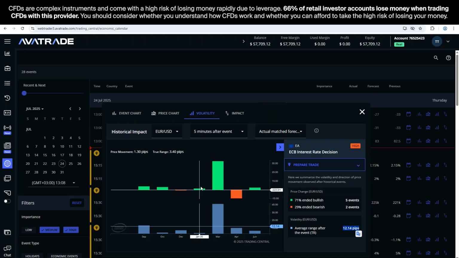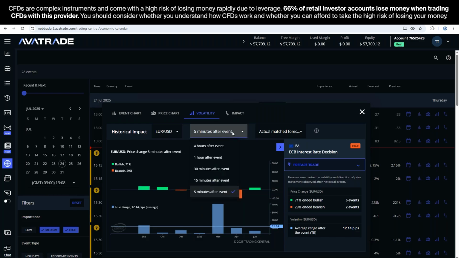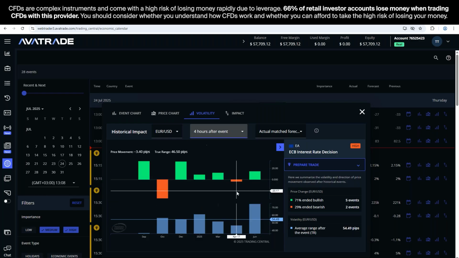But most of these either went down or went up very little, 2-3 pips or less. And after 4 hours, the majority of them were up in the 20, 30, 40 pip range.